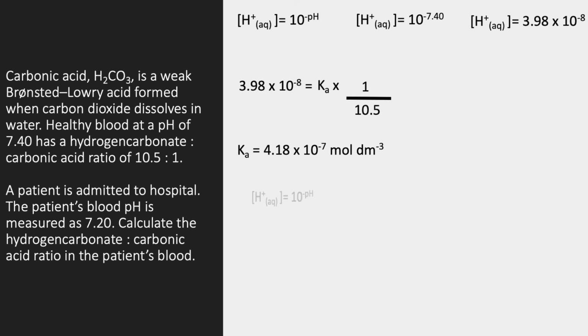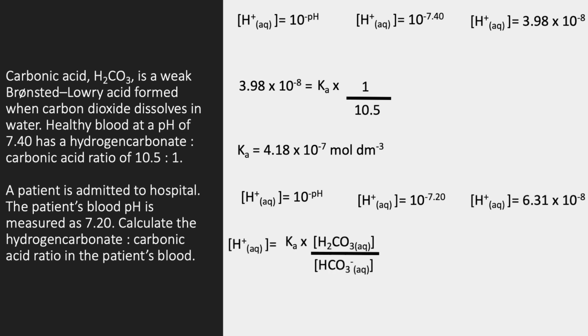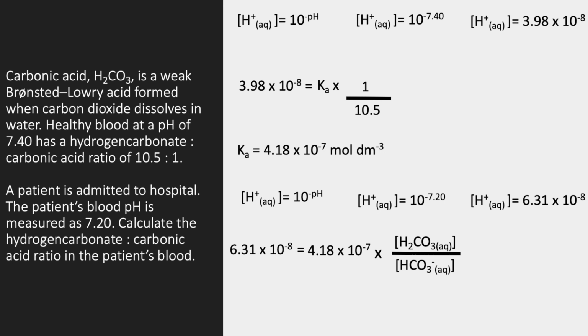Now we've got Ka, we can work out our concentration of H+ in the patient's blood, which has now got a pH of 7.2, and we can pop that into our expression for Ka, because we know H+, we've worked out Ka, and we need to find the ratio of hydrogen carbonate to carbonic acid.